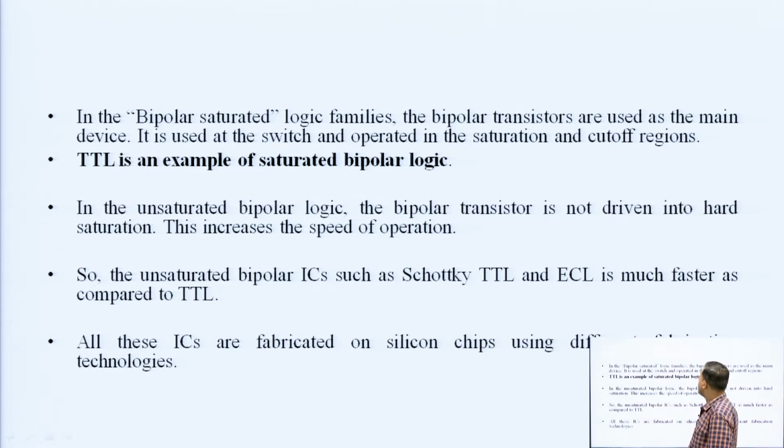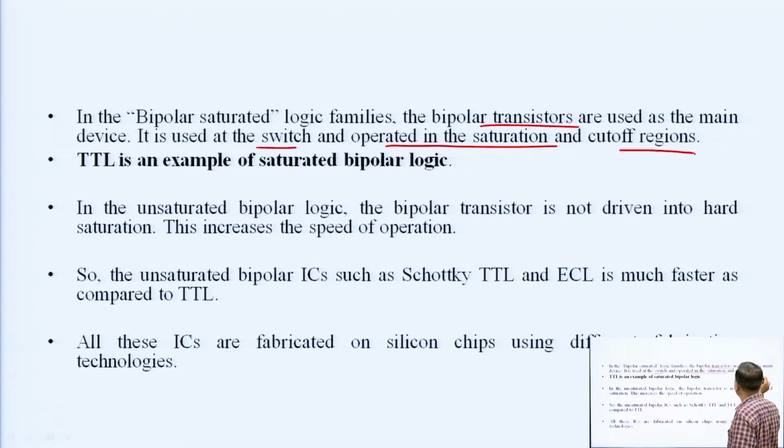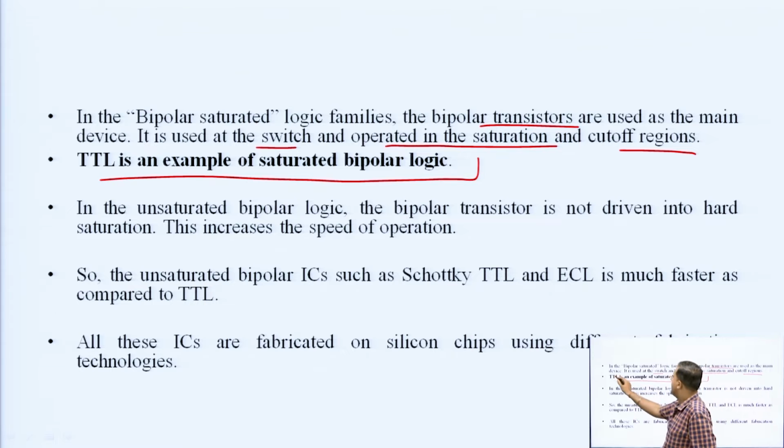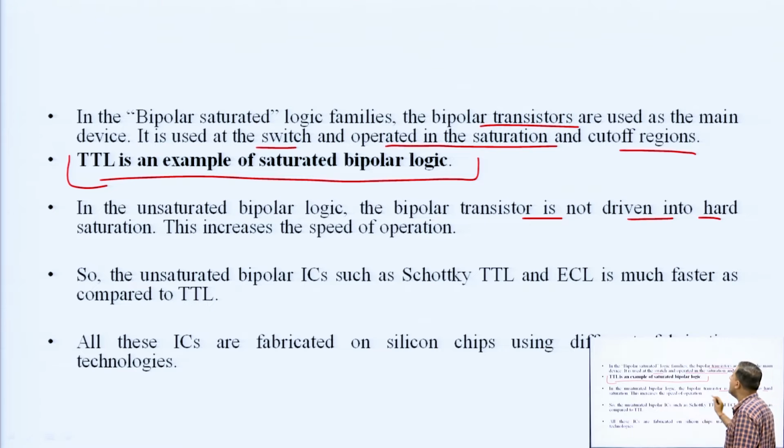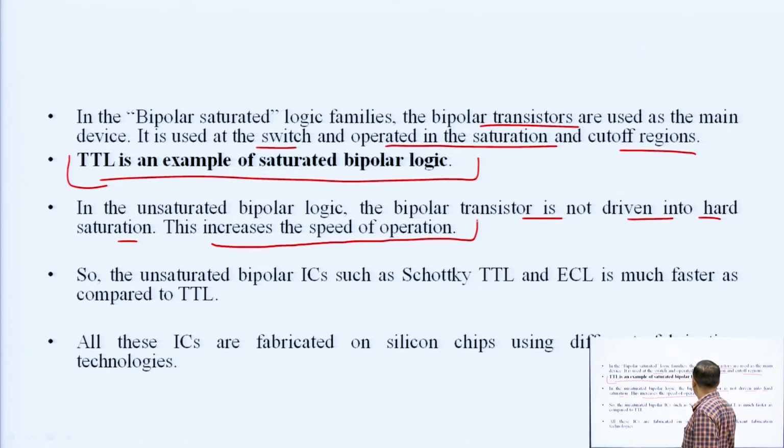Next, in the bipolar saturated logic families, the bipolar transistors are used as the main device. They are used as switches and operated in the saturation and cutoff regions. TTL is an example of saturated bipolar logic. This is a very important point. In unsaturated bipolar logic, the bipolar transistor is not driven into hard saturation. This increases the speed of operation.